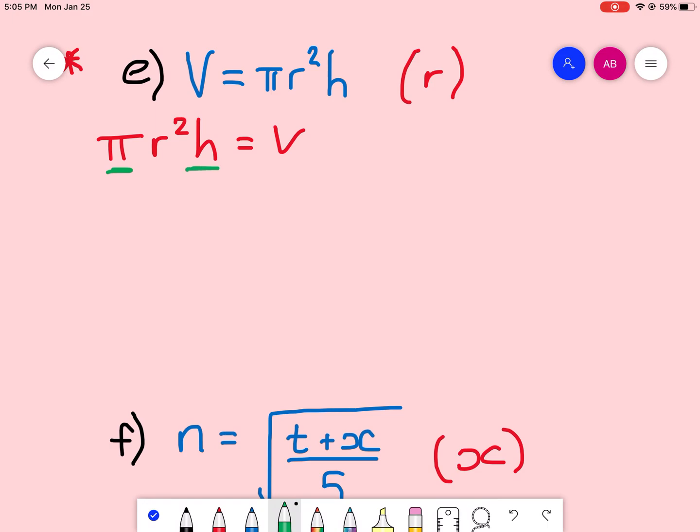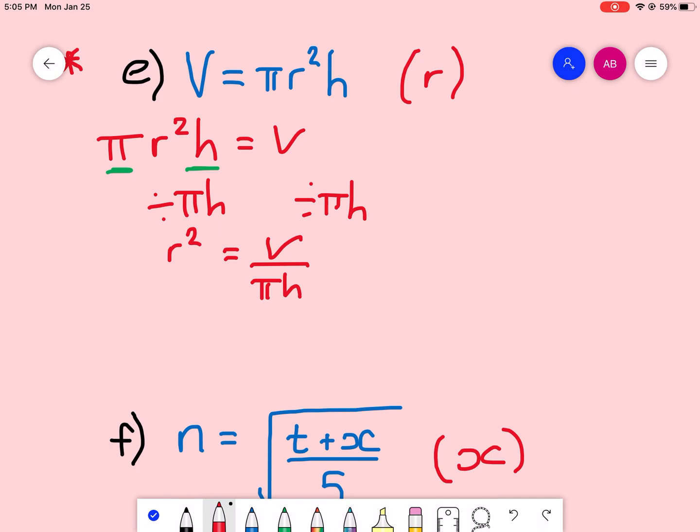Since both pi and h are multiplying the r, I can get rid of them by dividing by pi h. I can divide by everything that is multiplying my desired term. So that is r squared equals v over pi h.